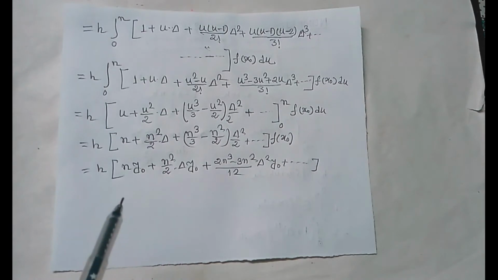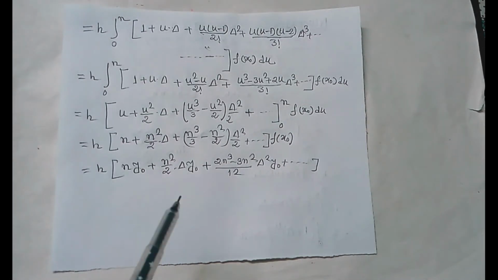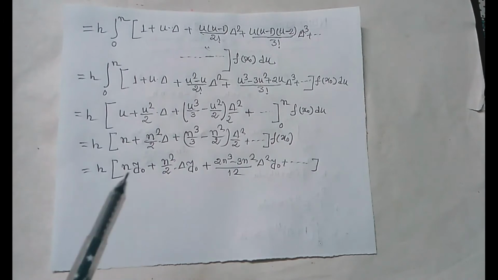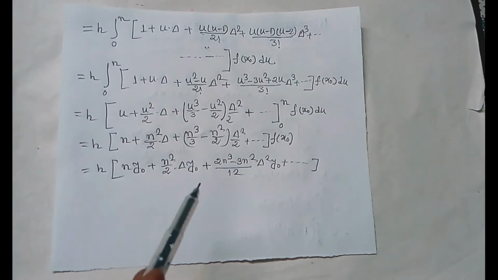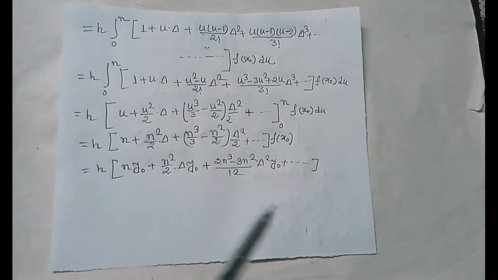So here we find that the value of the integral can be found by using y0 and its forward differences, that means by using the entries. So a definite integral can be found by considering its arguments and entries and the forward differences.